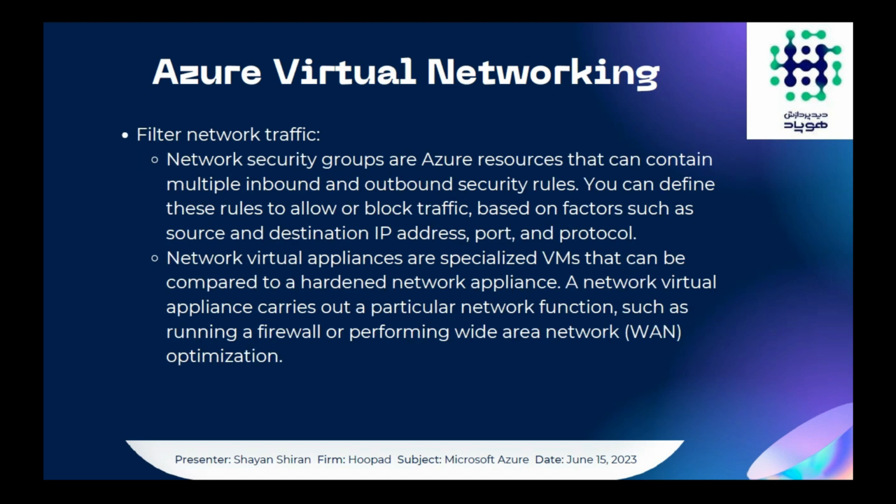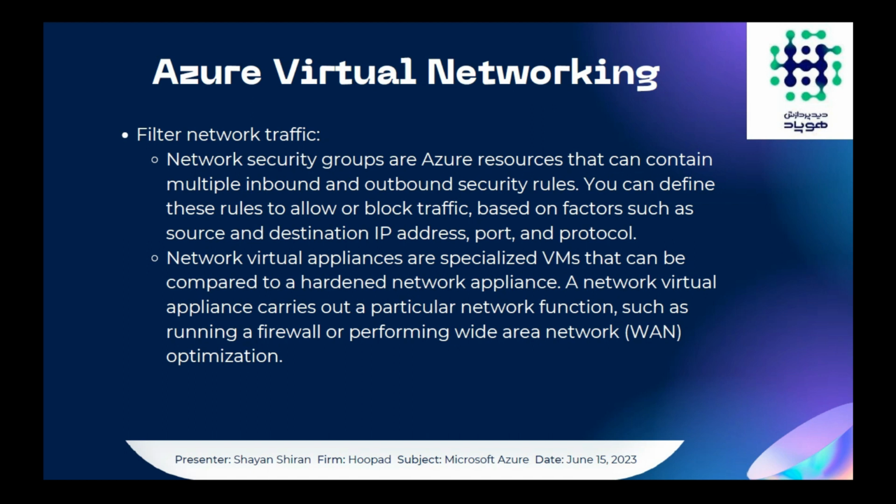And we can filter the network traffic. Network security groups are Azure resources that can contain multiple inbound and outbound security rules. You can define these rules to allow or block traffic based on factors such as source and destination IP address, port, and protocol. Network virtual appliances are specialized VMs that can be compared to a hardened appliance.